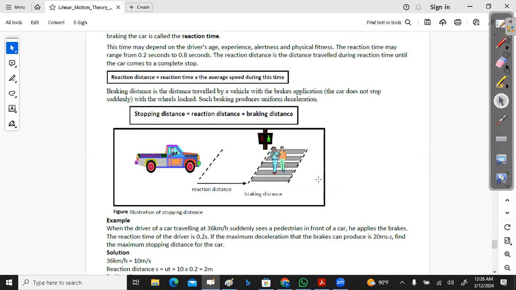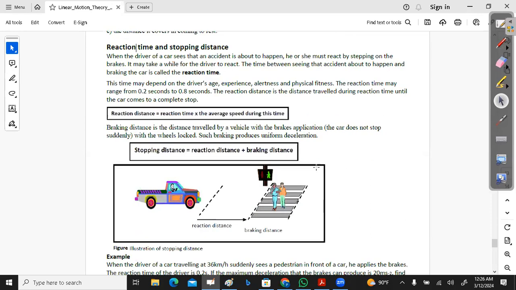When you see someone crossing a road, or any obstacle like a fallen tree, an animal, or a pit, you instantly apply the brake. But it will take some processing time, because in a biological system it takes time.